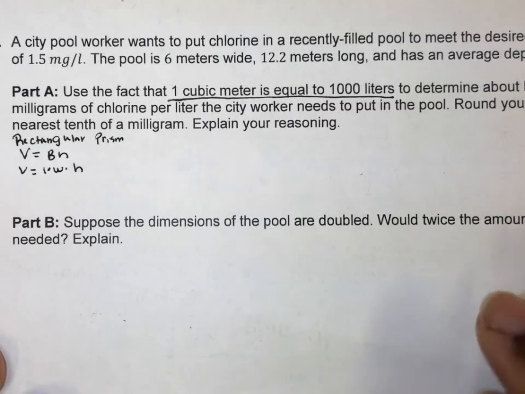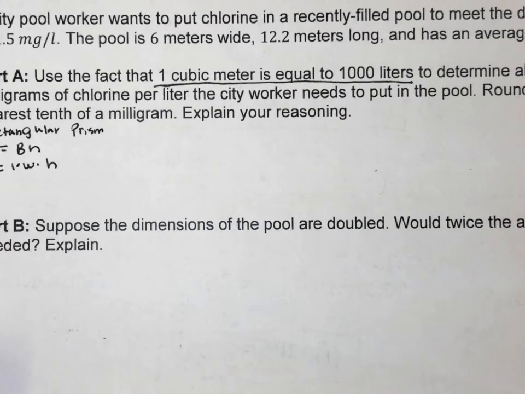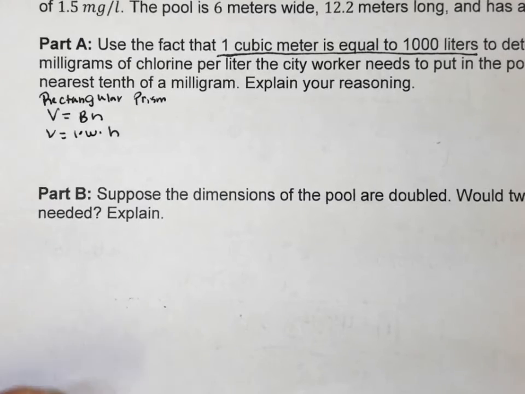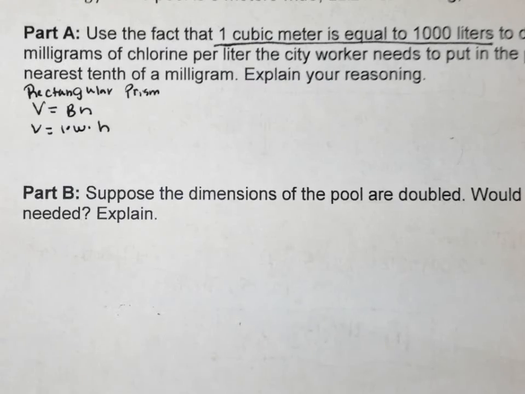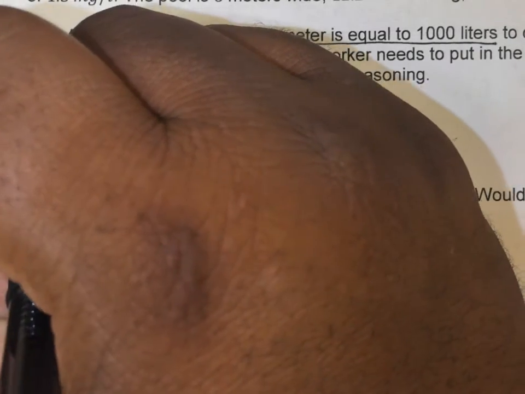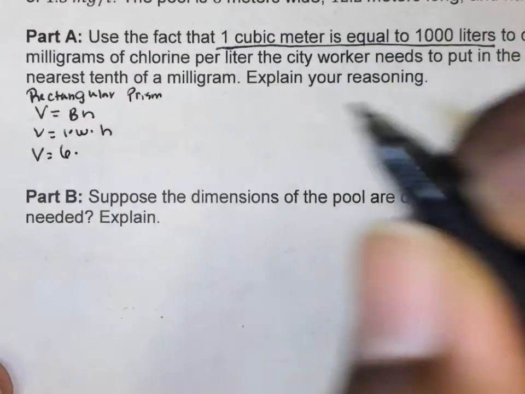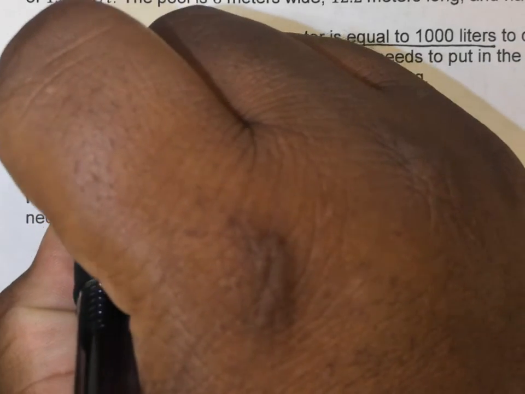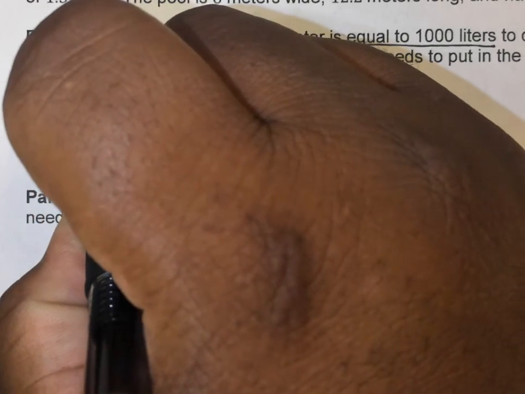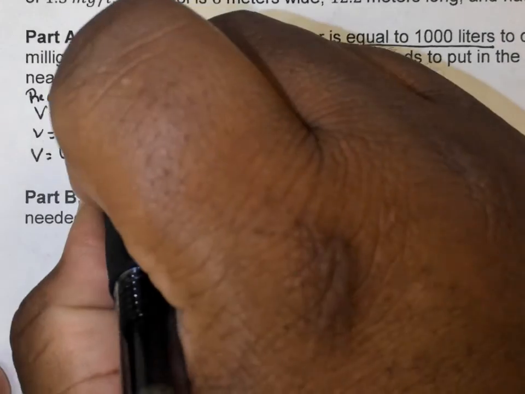Let me zoom in a little bit because I'm going to be writing kind of small over here. Volume equals, my length was 6. My width was 12.2. And then they said the depth or my height was 2.4.